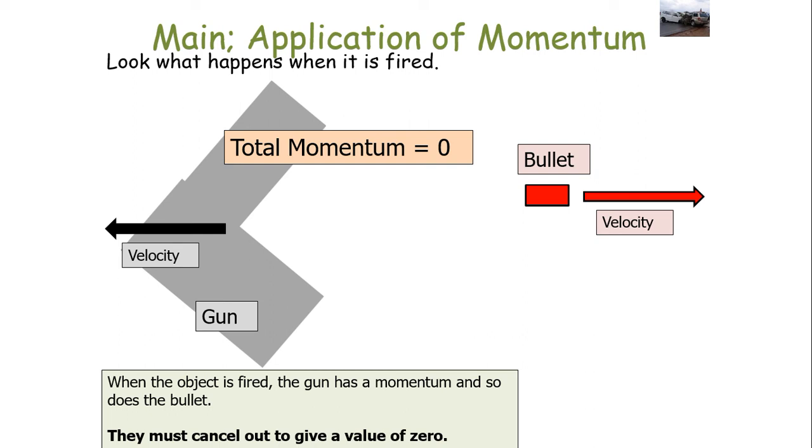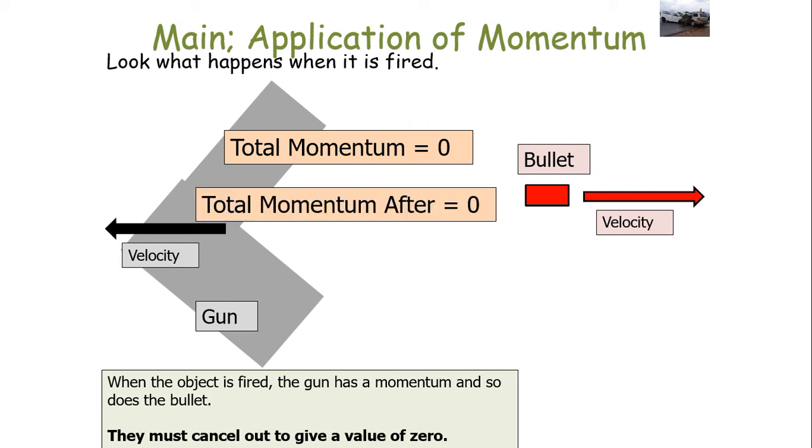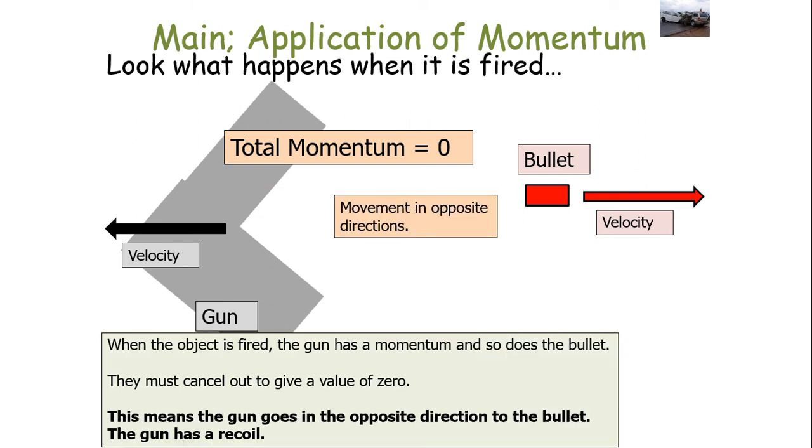So when they add together, it equals 0, giving a total momentum after of 0. When the object is fired, the gun has a momentum, the bullet has a momentum, so they cancel out to give the value of 0. This means the gun goes in the opposite direction to the bullet; the gun has recoiled.